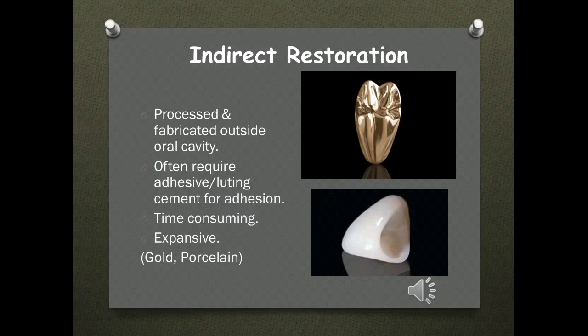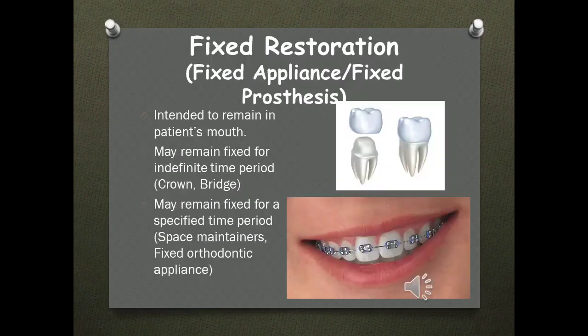They are expensive as compared to the direct restorations, as well as they are time consuming as the lab has to prepare them. So it may take a couple of days for these restorations to reach back to the dental office. Gold crown and the porcelain crown are most suitable examples of the indirect restorations.